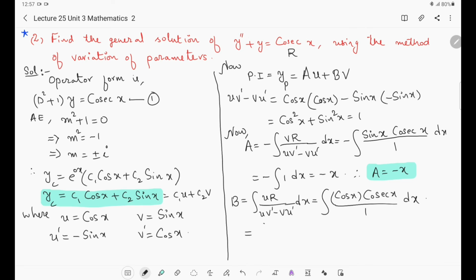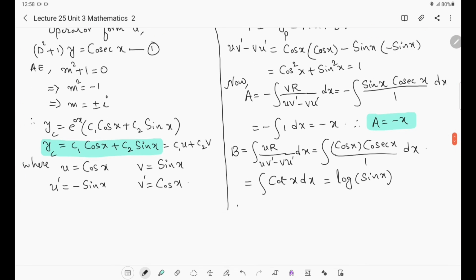Here cos x is there and cosecant x is nothing but 1 by sin x. So cos x by sin x is cot x, and the integration of cot x is log sin x. So we got A and B.